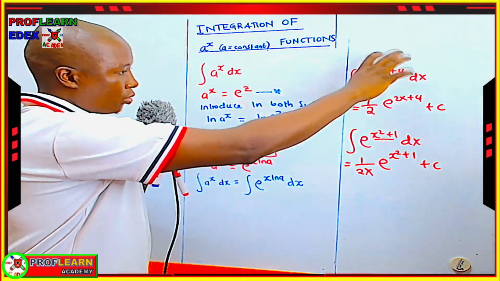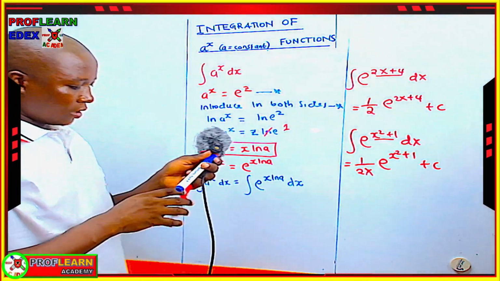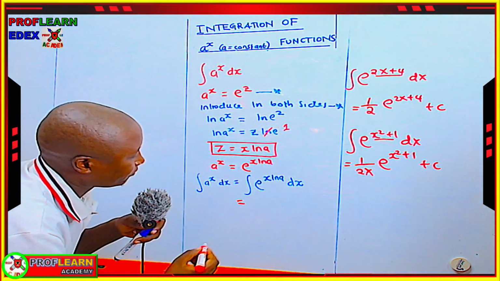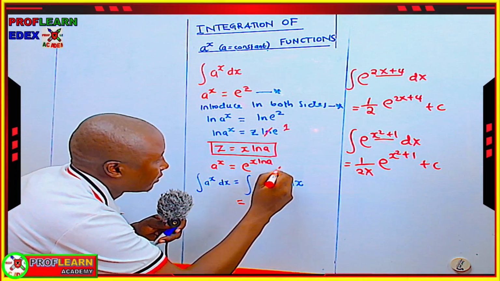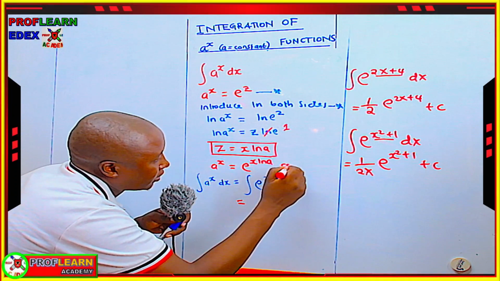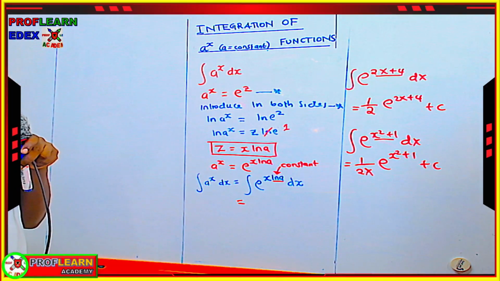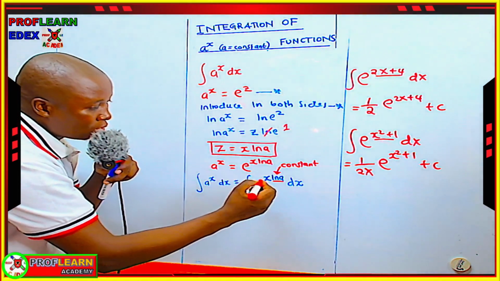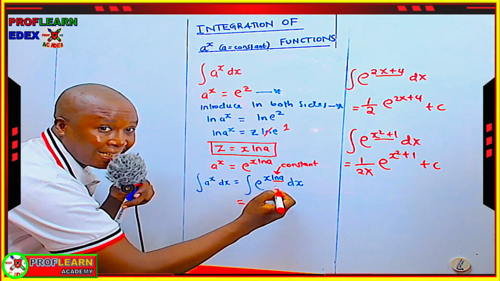Now we can use the method that we said here to work this out. Remember, ln a is a constant. The variable is x. So when we differentiate the power, we are going to remain with ln a.